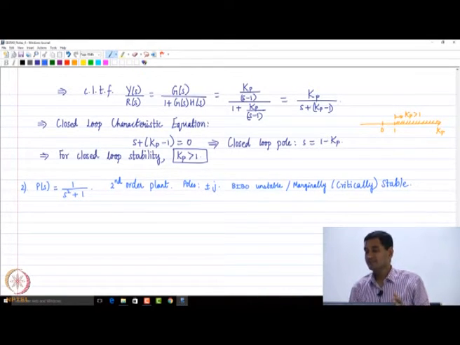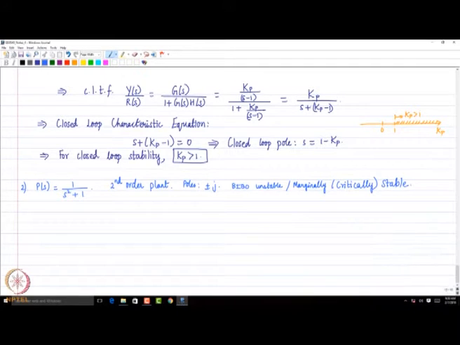The second thing is, please note that all this analysis is only approximate. If I say that the poles are at plus or minus j, that's only an approximation. In reality, the poles can be in a region around plus j and minus j, because the system parameters may vary.